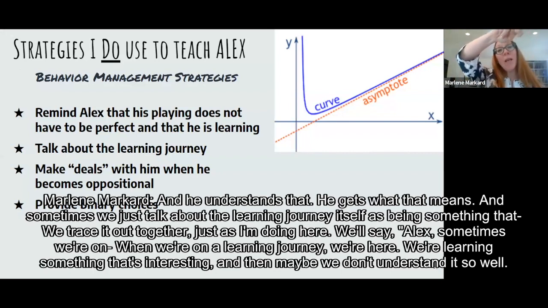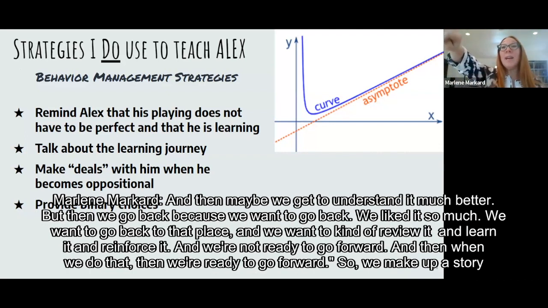We'll say, Alex, sometimes when we're on a learning journey, we're learning something that's interesting, and then maybe we don't understand it so well. And then maybe we get to understand it much better, but then we go back because we want to go back. We liked it so much. We want to go back to that place, and we want to kind of review it and learn it and reinforce it, and we're not ready to go forward. And then when we do that, then we're ready to go forward.